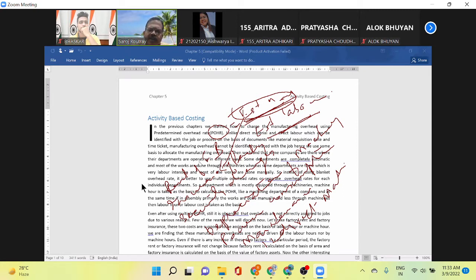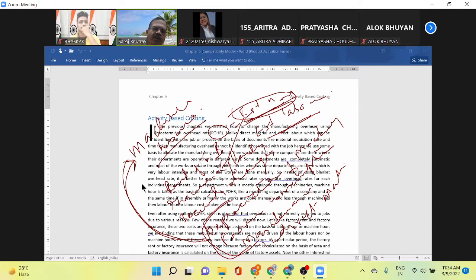So if I take, for example, machine hour, I can understand that depreciation of machine, power consumption, and maintenance of machinery, etc., are highly related with machine hour. When the machine runs, that means production is happening, and you incur these expenses. So it is good to charge these expenses on the basis of machine hour.